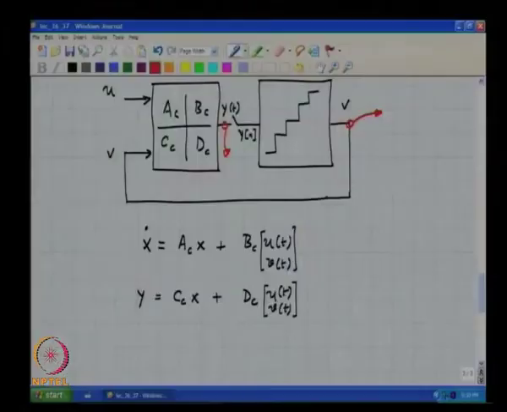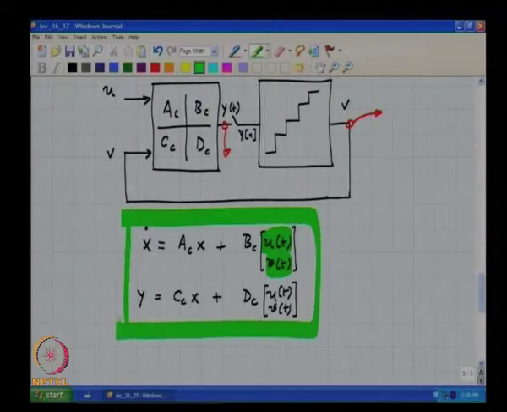Normally, what we would have to do otherwise would be, given u of t and given v of t, we have to integrate this set of differential equations, which are linear because the system is linear, and generate y of t, correct, and then sample it and use that sample value, quantize it and feed it back.